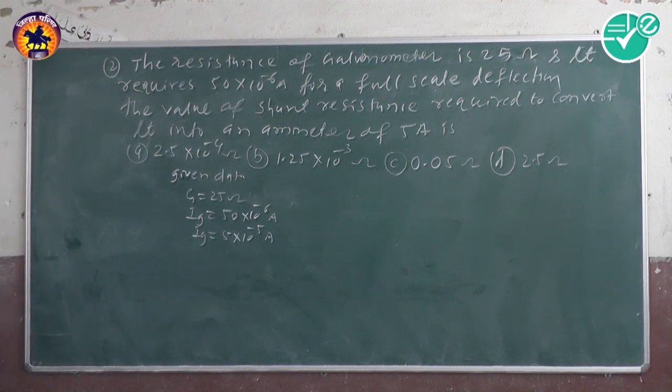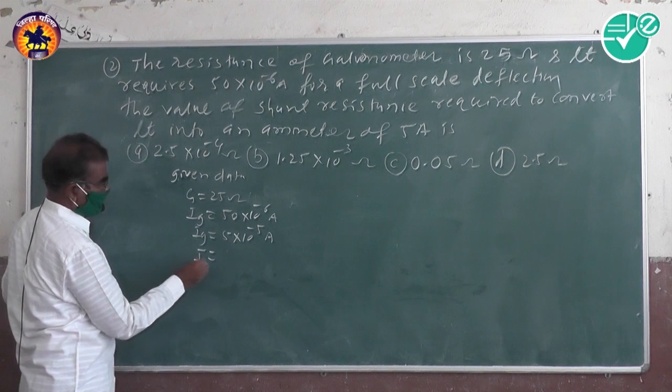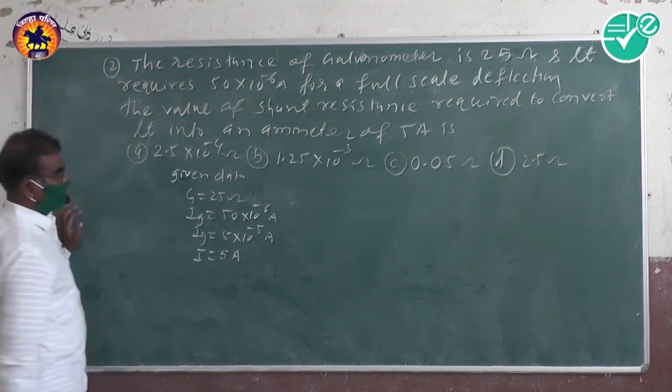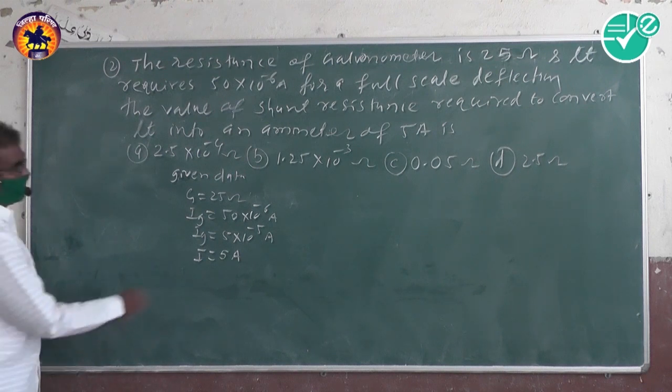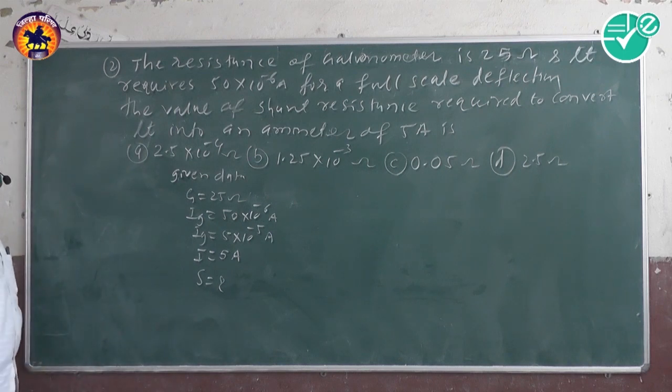For a full scale deflection, the value of shunt resistance required to convert it into an ammeter, I is given as 5 ampere. What is S, the shunt resistance?